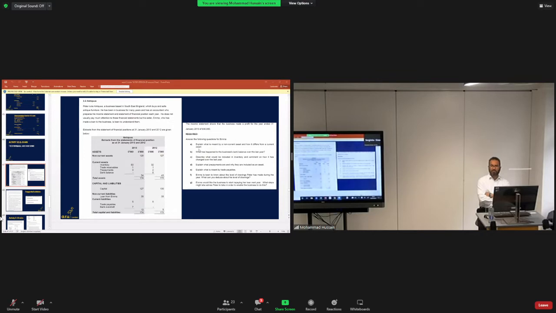Last year the bank balance was 8,000 pounds. This year it is a minus balance. So he used 8,000 pounds plus minus 7,000. How much is it altogether taken out? 15,000, right? So he must have taken this money for withdrawal. Bank balance last year was 8,000 pounds, but this year he used that 8,000 pounds and went into overdraft.